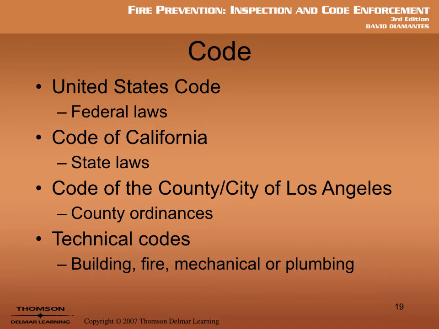So the only way we can change federal law is to make it stricter at a state level or at a local level. Then we also have to enforce the state laws, which have the most power here in California for all of the areas of California, even in the counties and cities.